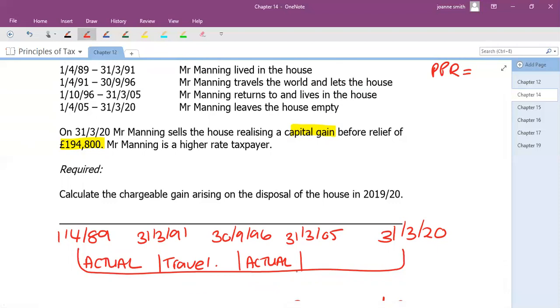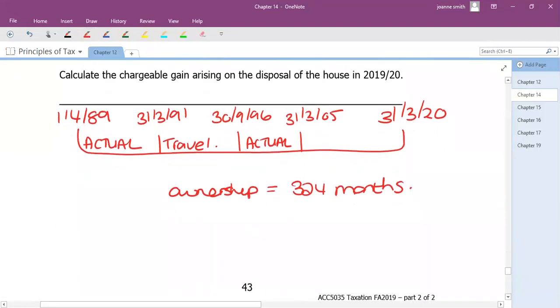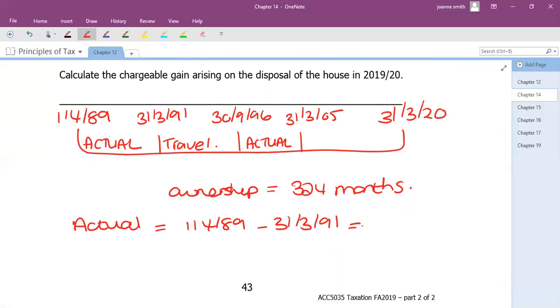Okay. So the first thing we want to do is we want to work out of the whole ownership period, what actual occupation has he got. So he's got from the 1st of April 89 until the 31st of March 91. And if we add up those months, that gives me, what have we got? 89, 90, it's 24 months, isn't it? 24 months.